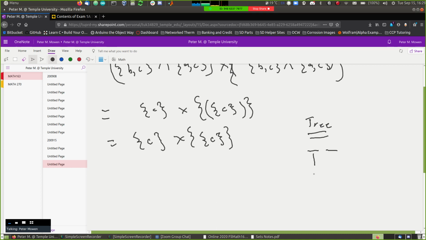And what's that one thing? Yeah, C. And then what can go in this second blank? Right, so we just have one branch, and this is C, the set containing C. So this is equal to the set C comma the set containing C.